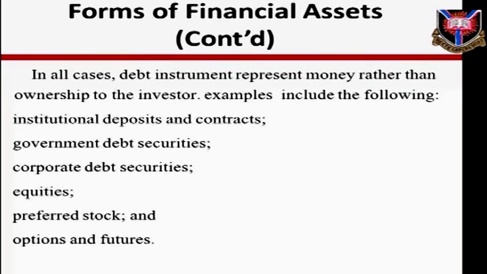In all cases, however, debt instruments represent money rather than ownership to the investor. Specific examples of financial instruments include the following: institutional deposit and contract, government debt securities, corporate debt securities, equities, preferred stocks, and options and futures.